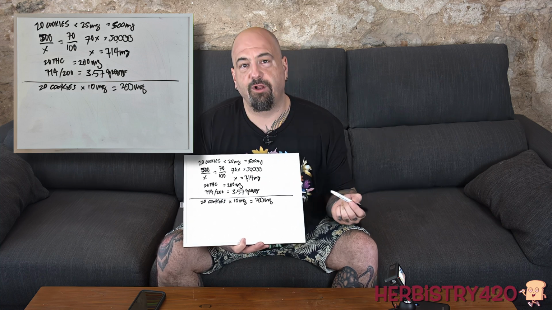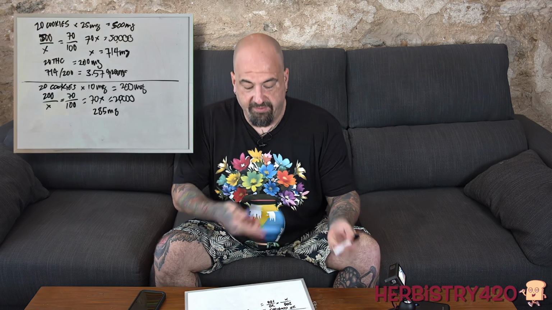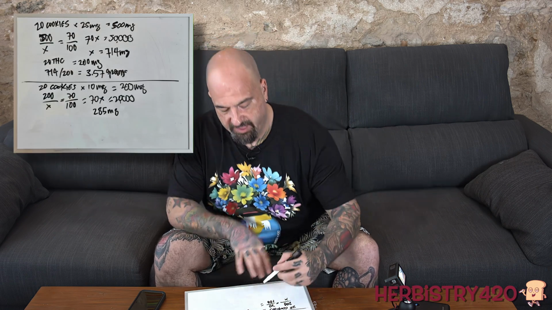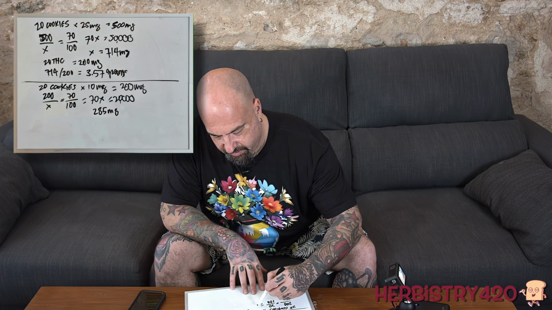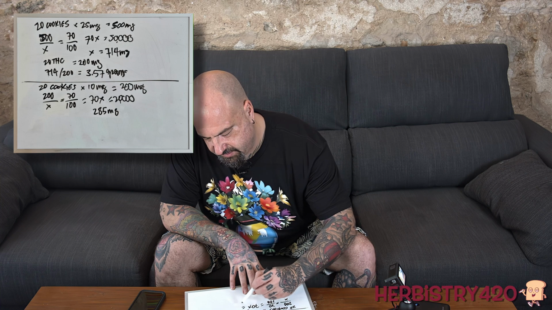We need to calculate for loss, right? So we're going to do the same thing. We're going to put 200 over x equal to 70 over 100, right? If we do the math, 70x is equal to 20,000 in this particular example.